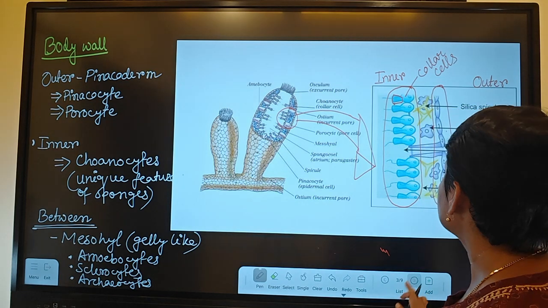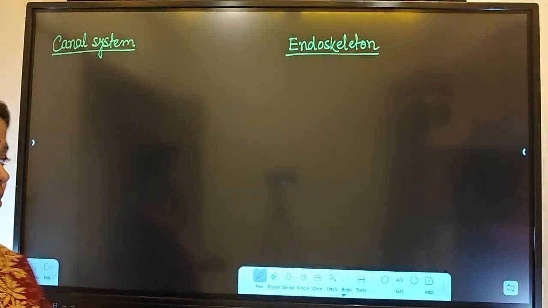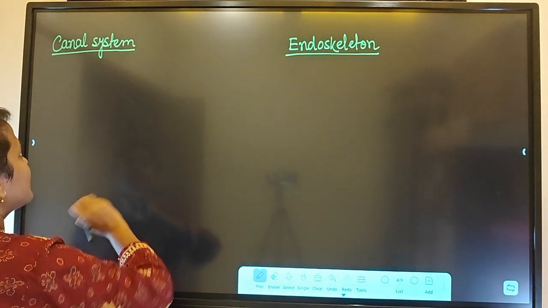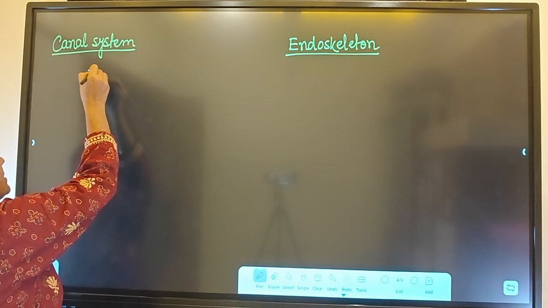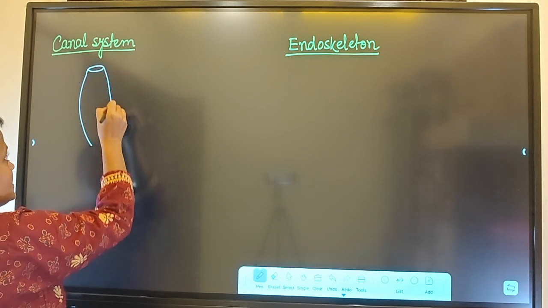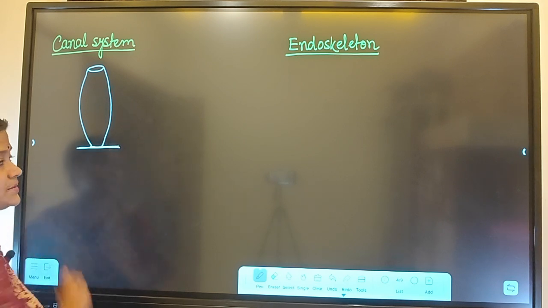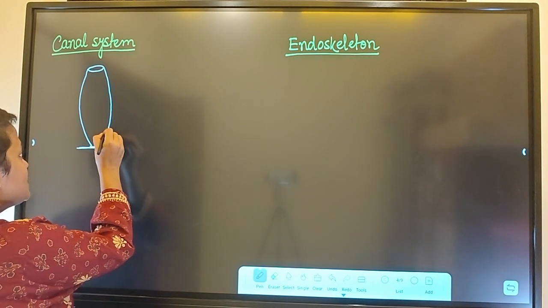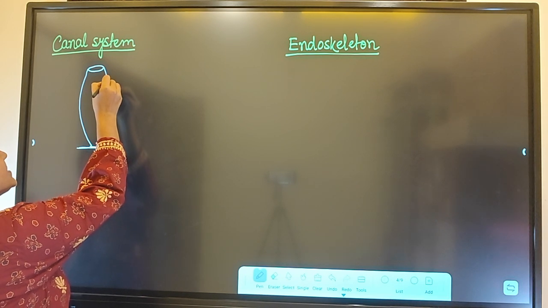Coming to the next one, canal system. As we know, if we see the structure of a sponge, let's say this one, they are fixed in a position. So there will be some pores present on the surface.